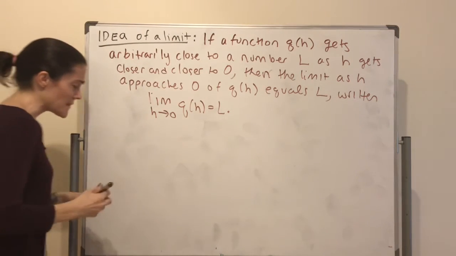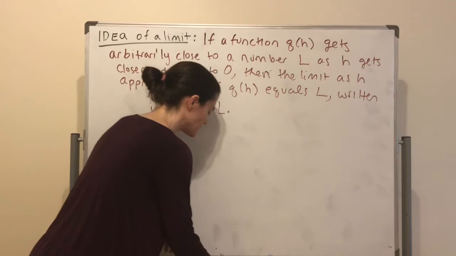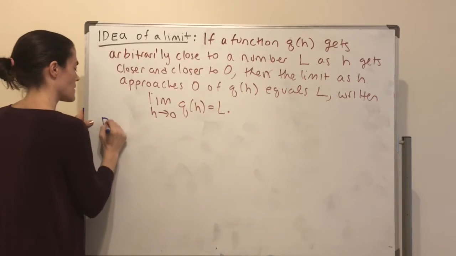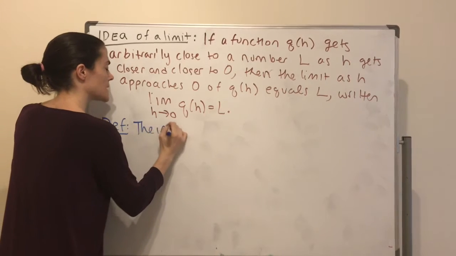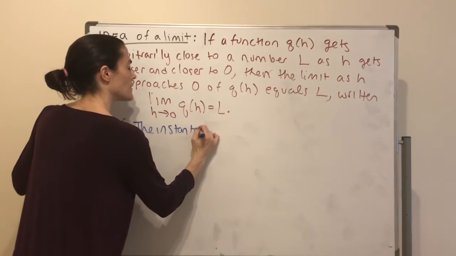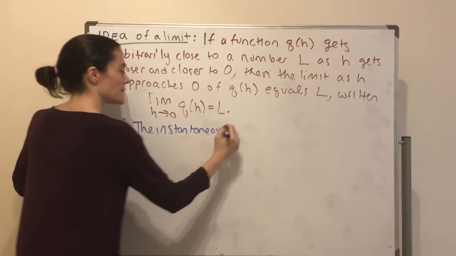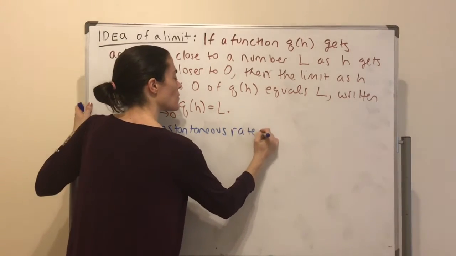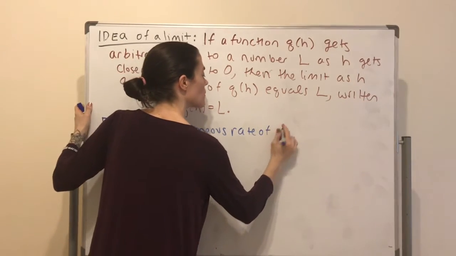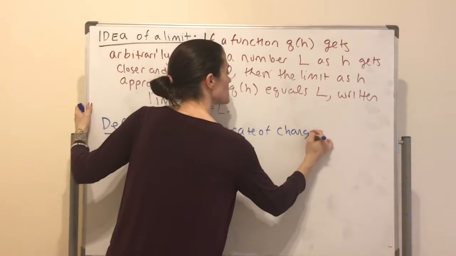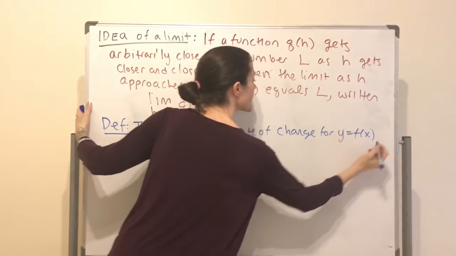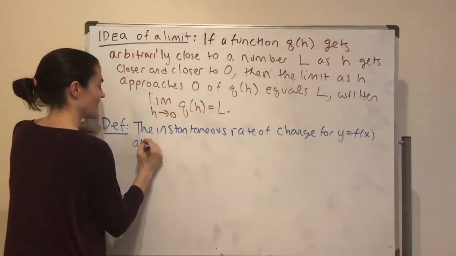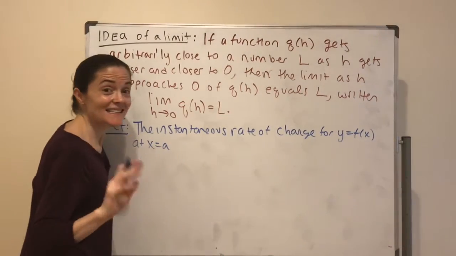Okay, so then the definition of instantaneous rate of change for a function at an x value is a limit.